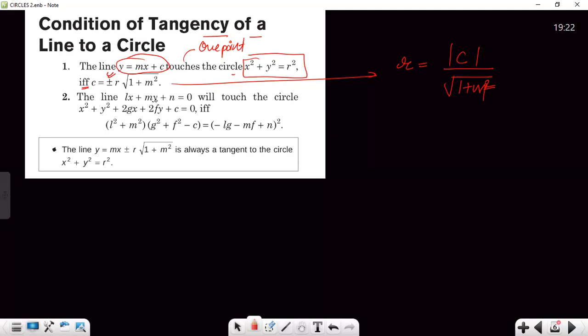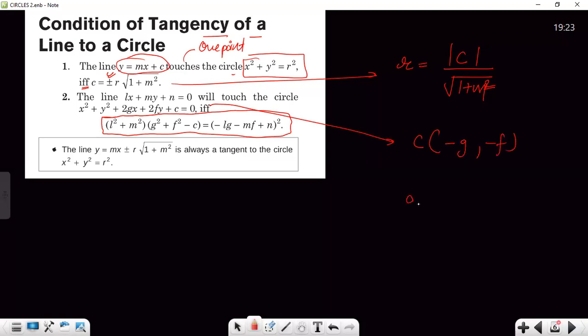That's one condition. Another one is that the line Lx plus my plus n equals 0 will touch the circle x square plus y square plus 2gx plus 2fy plus c equals 0. This is the other condition, with L square plus m square. From here, what is the center of the circle? Minus g, minus f.